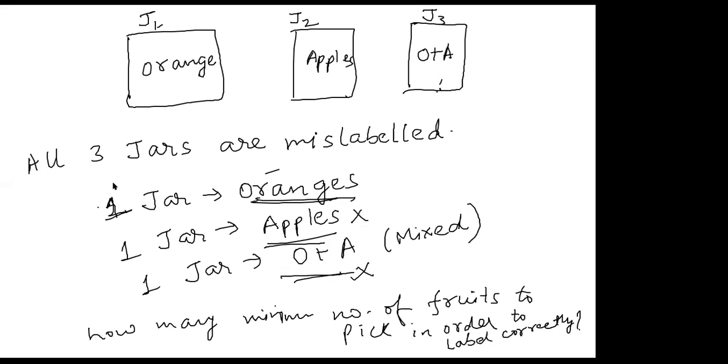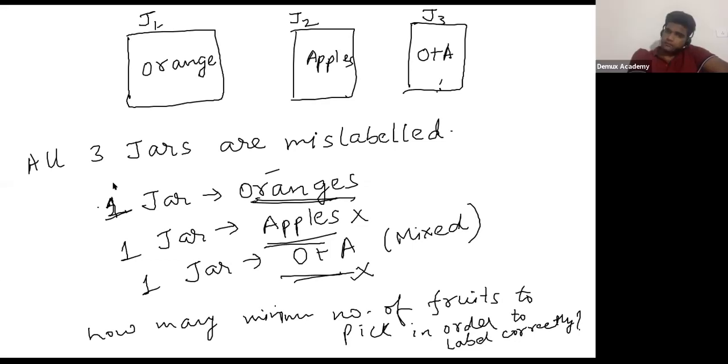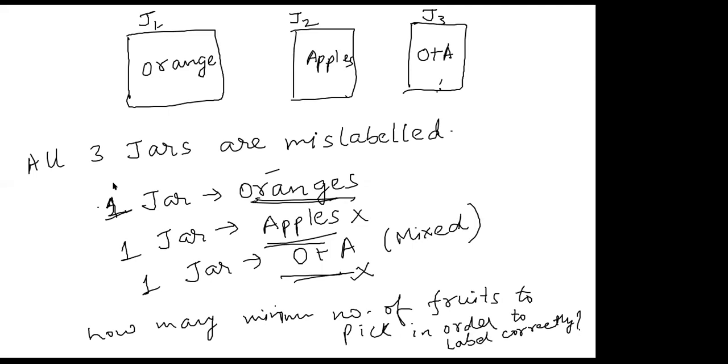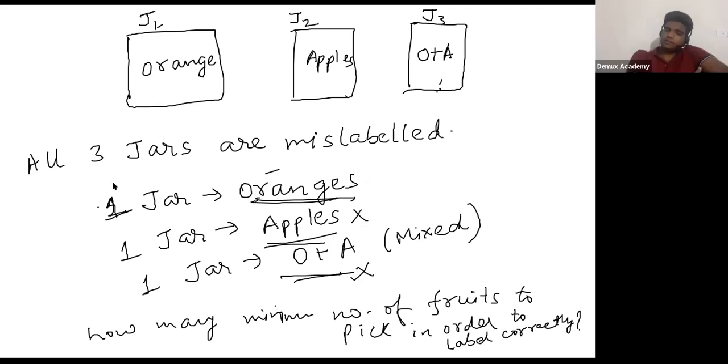So the oranges and apples jar, jar 3, is apples. And we know jar 2 cannot be apples. So basically jar 3 is already apples, and we know jar 1 cannot be oranges. So jar 2 will be oranges and jar 1 will be oranges and apples, as they are all mislabeled. Yes, that's right.